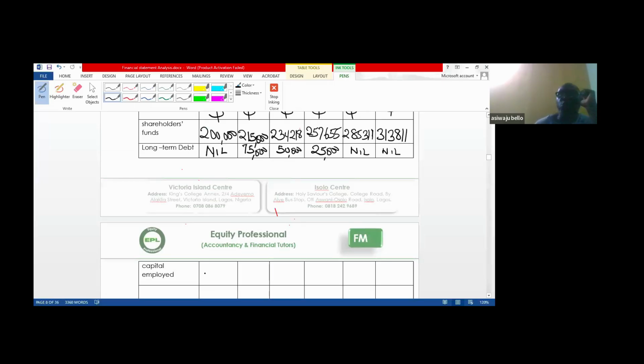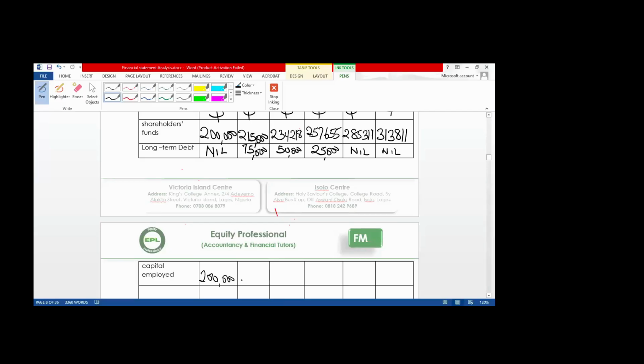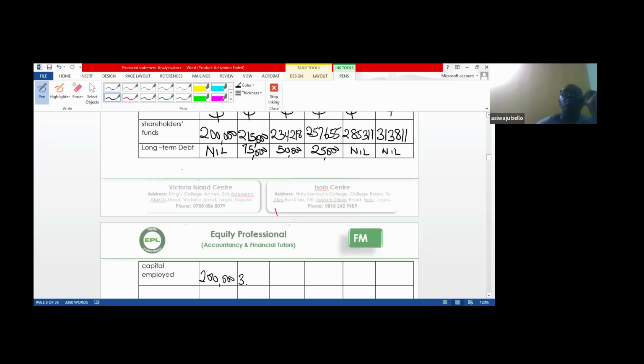Add these two variables together. You have 200,000 here. Addition: 215 plus 75. This should be 390. Is that not? Yes, sir.